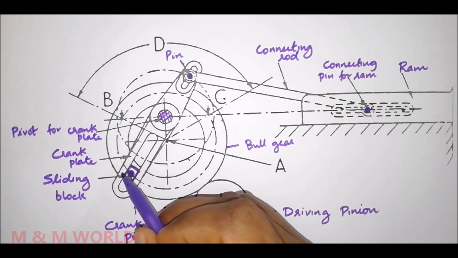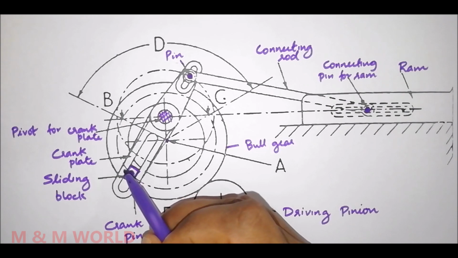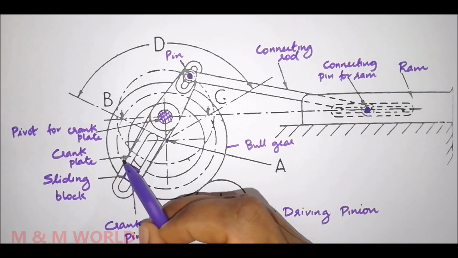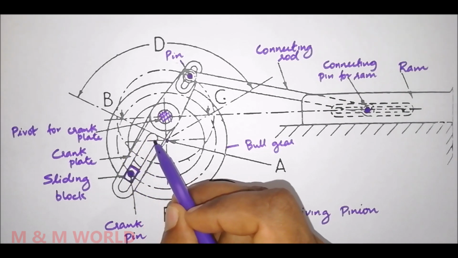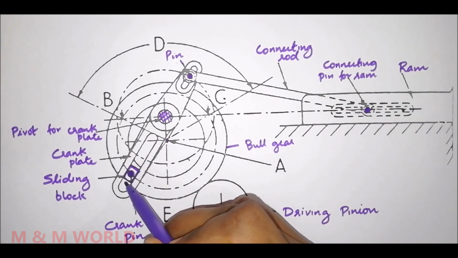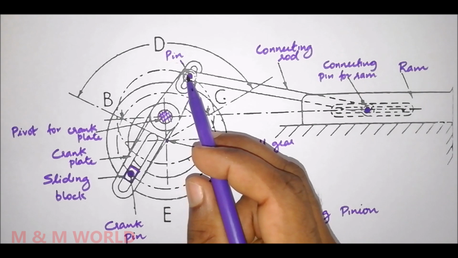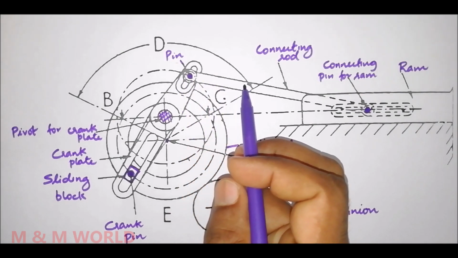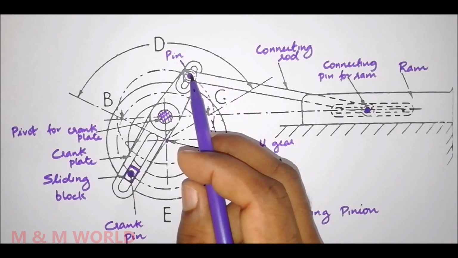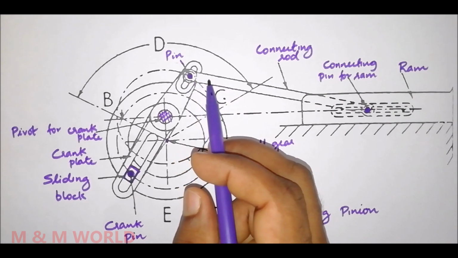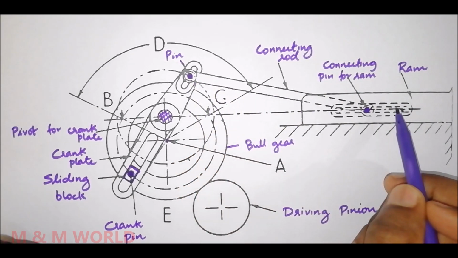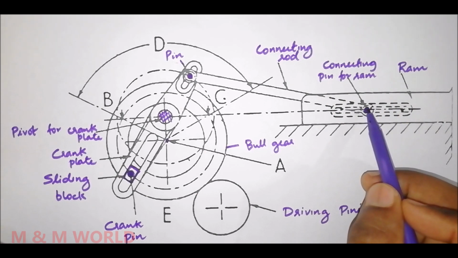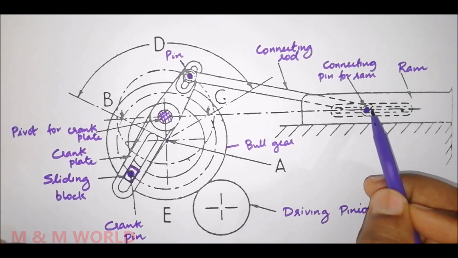So the sliding block fits into the slot provided on the crank plate, and the other end of the crank plate is connected to a connecting rod with the help of a pin, which in turn is connected to the ram with the help of a connecting pin.